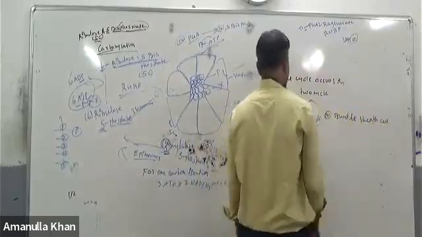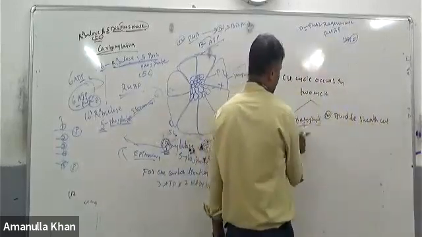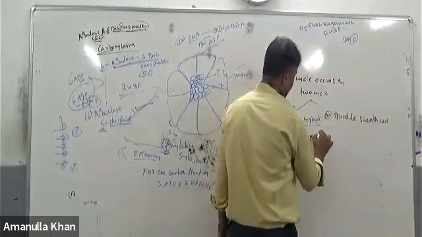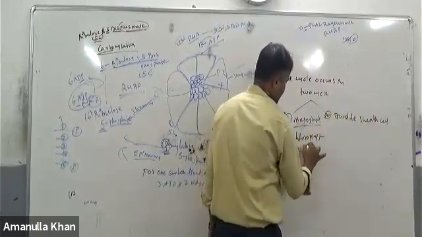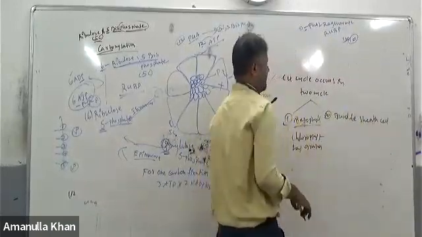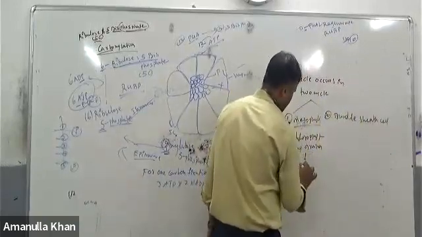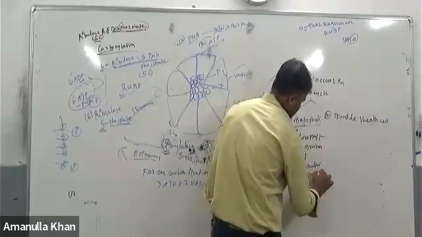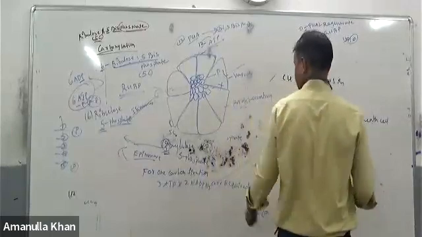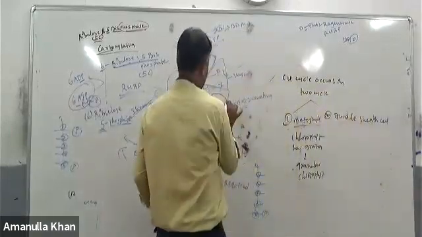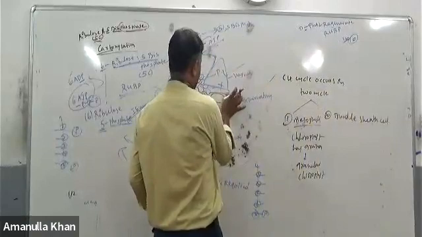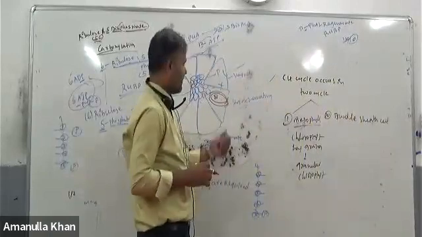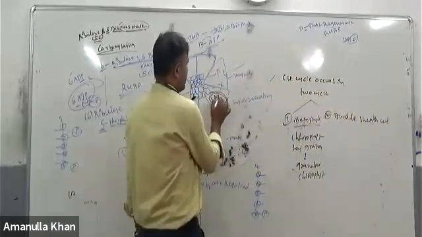Okay, the mesophyll cell has what? The mesophyll cell chloroplast has grana. That's why it's called a granular chloroplast. Then in this bundle sheath cell, the chloroplast does not have grana.